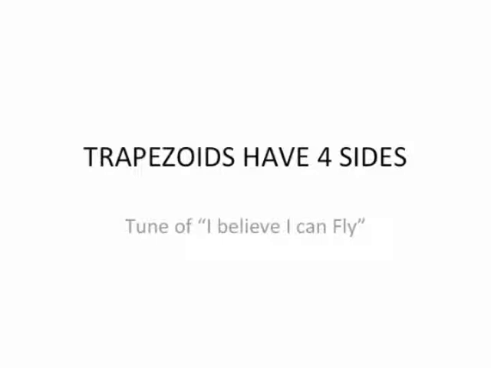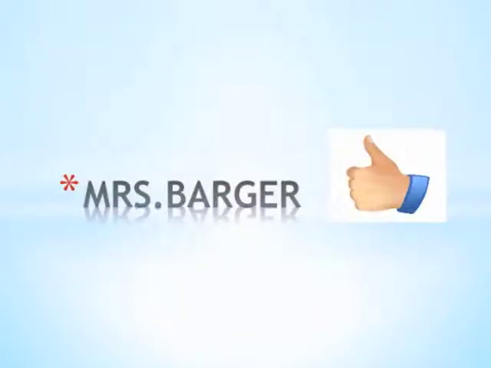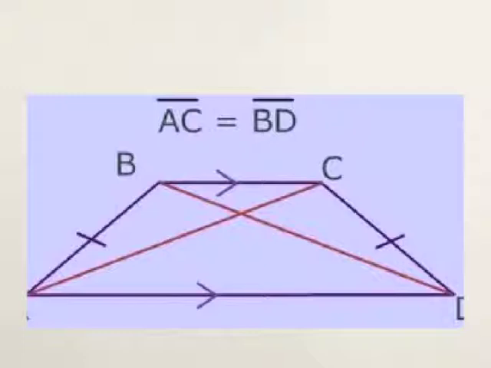Trapezoids have four sides. I always thought that trapezoids were lame until my math teacher, Mrs. Barger, taught me all about trapezoids. They really are shapes you can't avoid. In this trapezoid, diagonals are congruent.